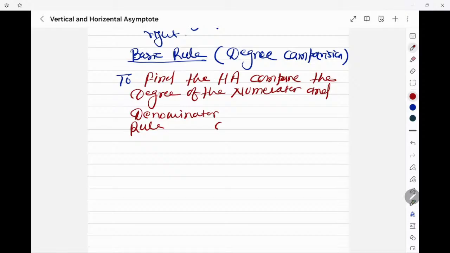Rule 2 says, if the degree of the numerator is equal to the degree of the denominator, then that is how we find the horizontal asymptote.